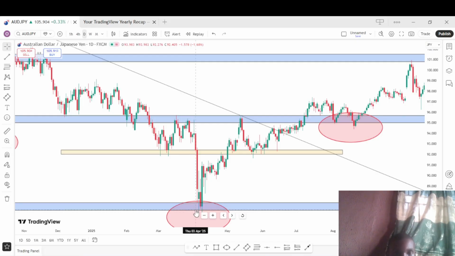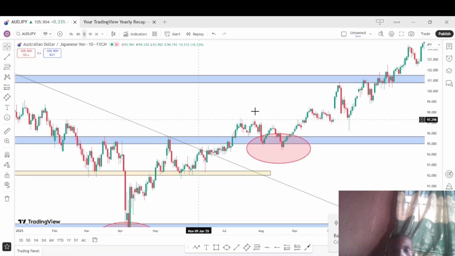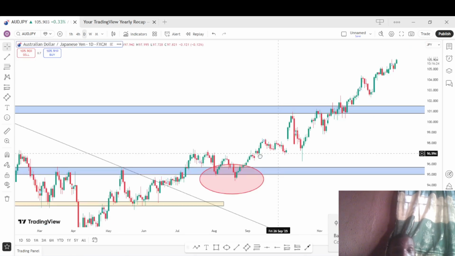It went up, came down, went up, came down. So this is a minor resistance.